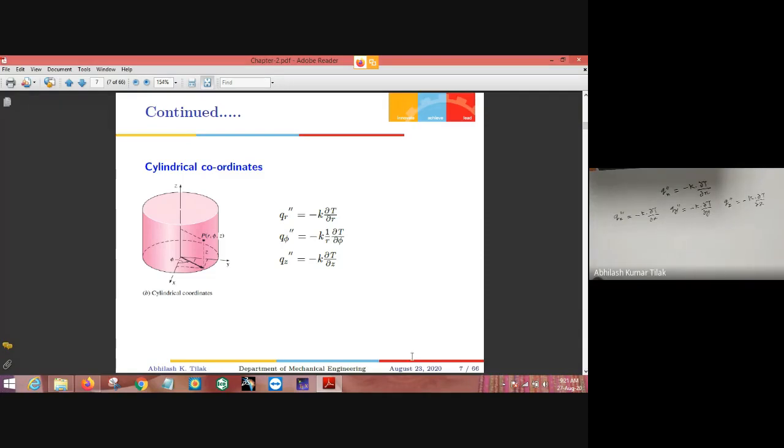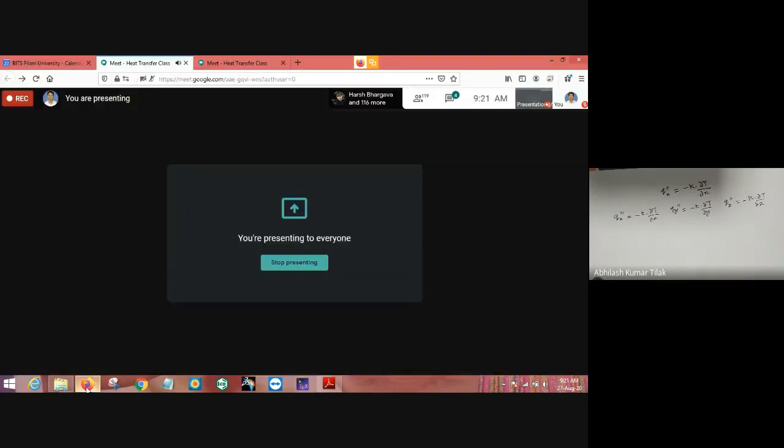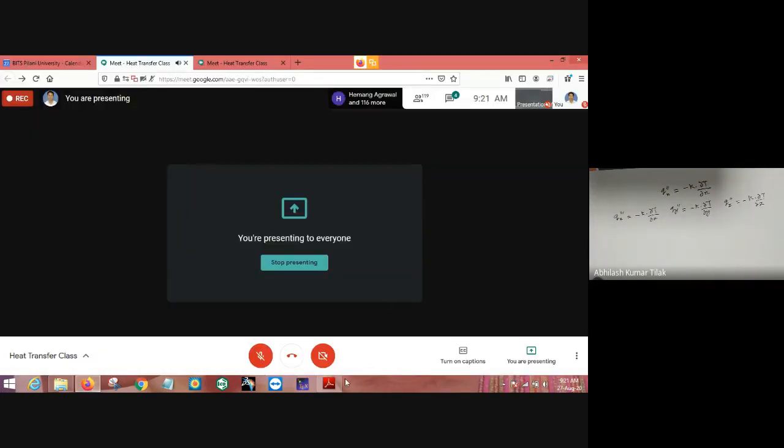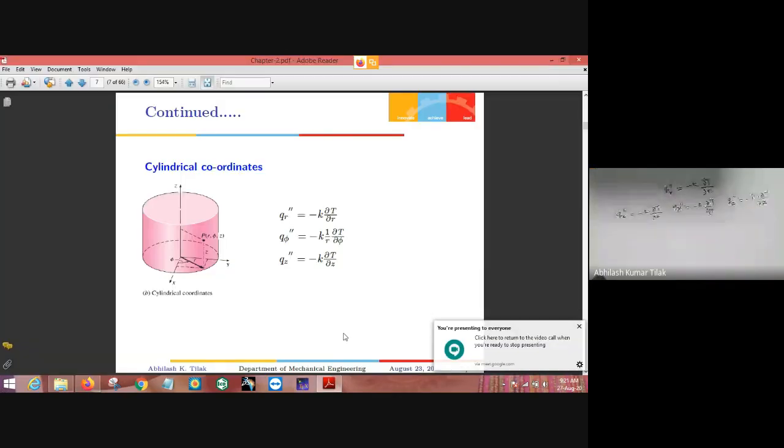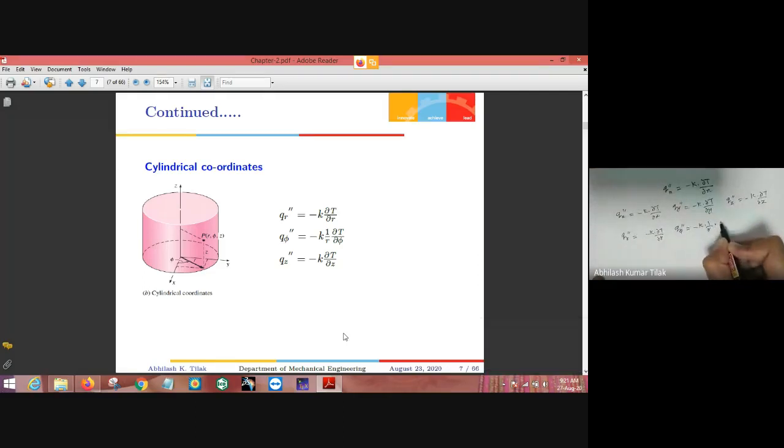Now talking about the cylindrical coordinates, q r is equal to minus k dou T by dou r. For the azimuthal direction, q phi is equal to minus k into 1 by r dou T by dou phi. And for the z direction, minus k dou T by dou z.